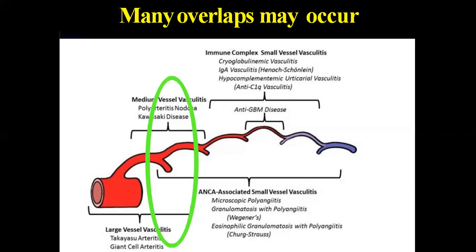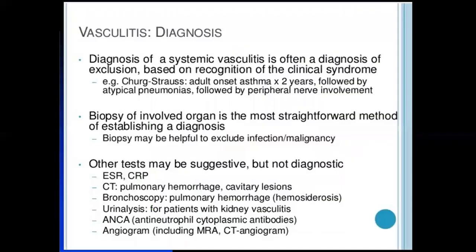So it's not necessary that you will find large vessel in one individual, medium in a different one, but we have classified them according to size. Many a time we might find overlapping, that is continuation from the larger to the smaller vessel. We'll continue with the diagnostic part of vasculitis later.